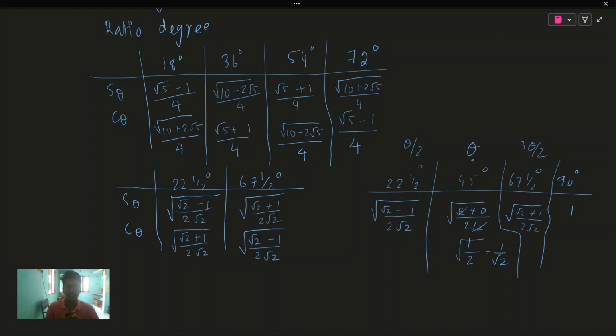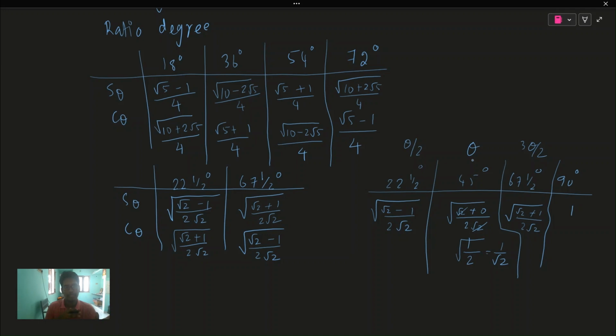For any degree, you could get the value from sine 1 to sine 360, whatever you can adjust using the identities. Maximum till 4 theta, we are able to derive the identities, and with that, if you substitute the required particular angles, you would end up getting the values of almost all the degrees from 1 degree to 360 degree.